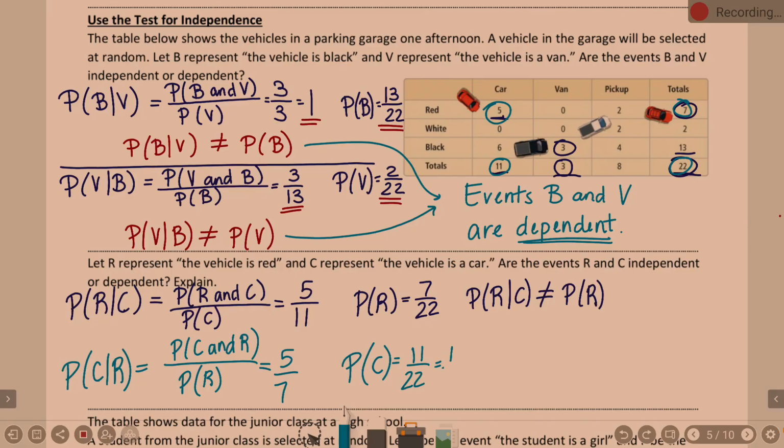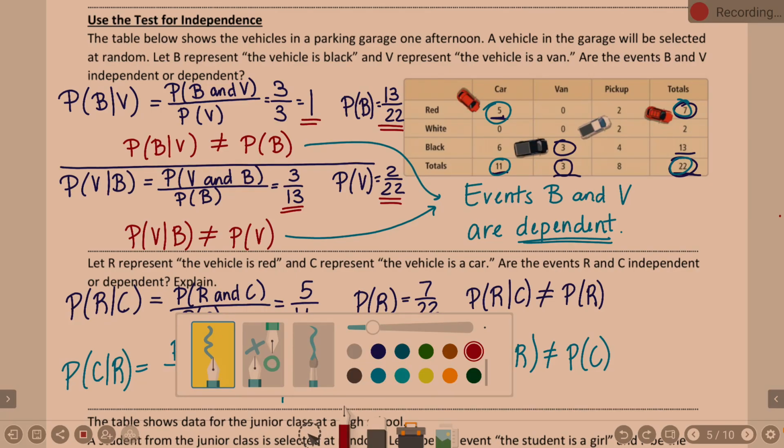Which is not equal, which is kind of what we expected, right? The probability of a car, given that it's red, does not equal the probability that it's a car. And so we know these events are dependent.